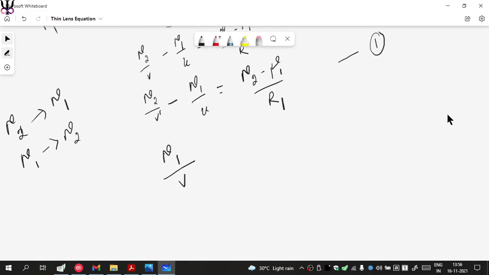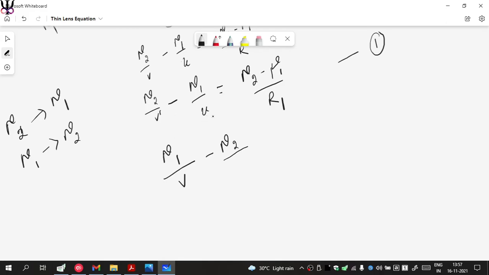Since it's the reverse case, the second medium is mu1, so instead of mu2 we write mu1, and instead of mu1 we write mu2, because the first medium is mu2. And then what is U?